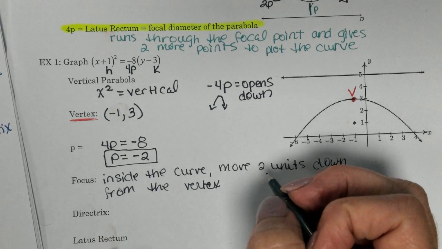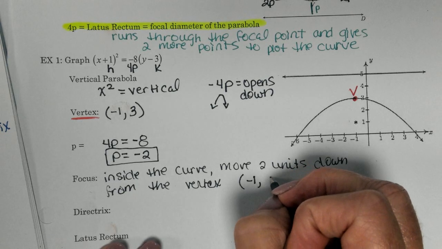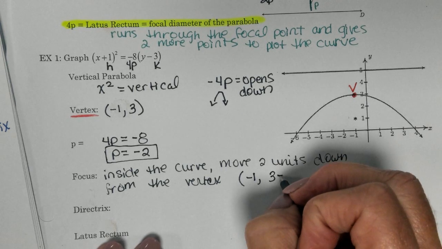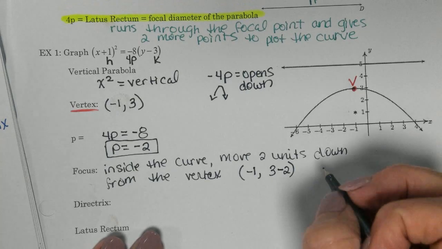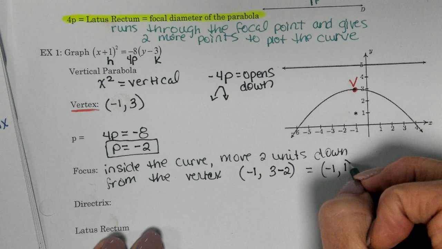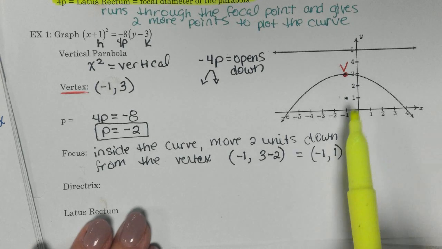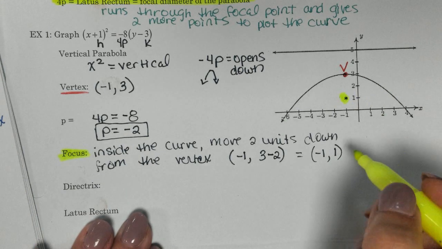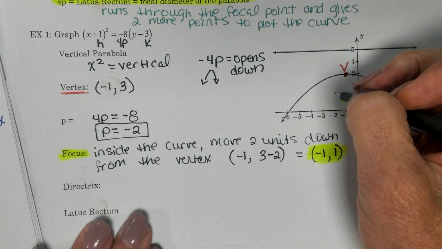And since our vertex is located at -1, +3, I'm moving 2 units down, so that's going to affect the y-coordinate. And that will give me a point at -1, +1. And notice in the picture, that's where your focal point is. That's your focus right here.